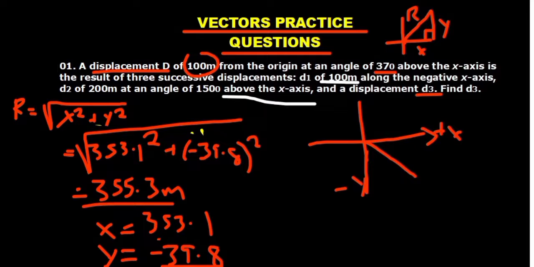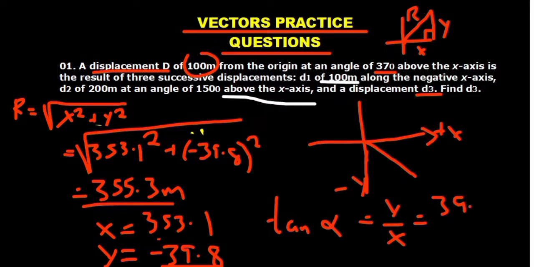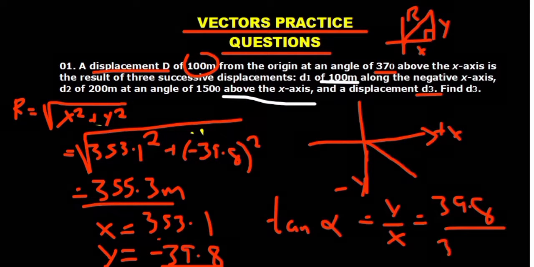So let's try to determine our angle. Our angle is determined by tan alpha equals y over x. I'll ignore the negative, so 39.8 over 353.1.